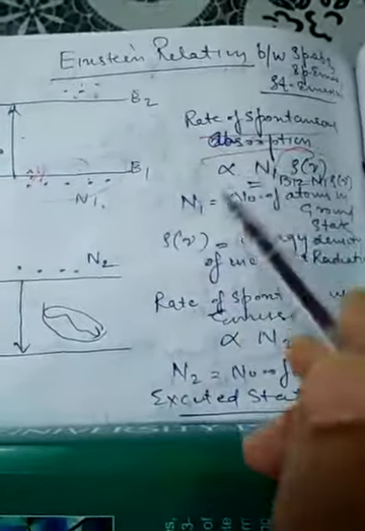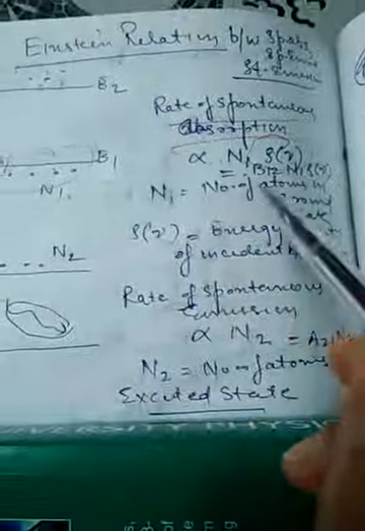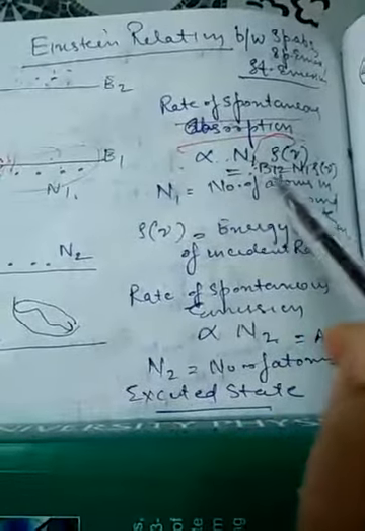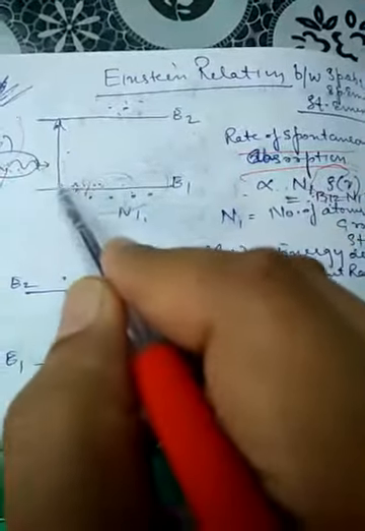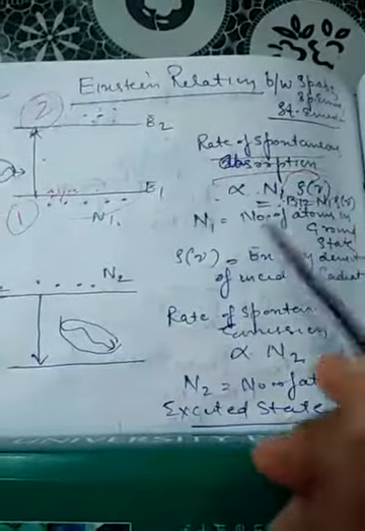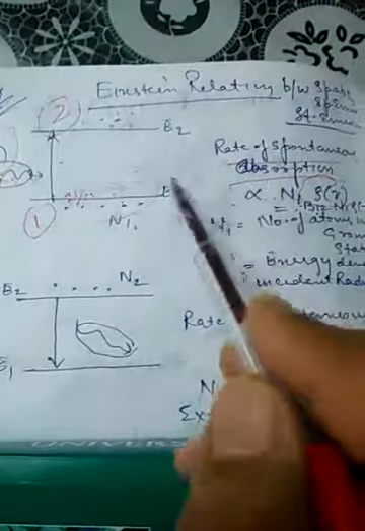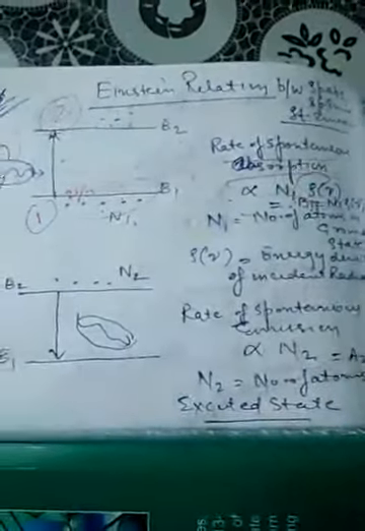So the rate of absorption depends upon both factors. So we write it as N1 into rho mu, and we replace the proportionality with a constant B12, where B12 is called the coefficient of absorption when the atoms, after absorbing energy, go from state 1 to state 2. So that is the first part of the relation.